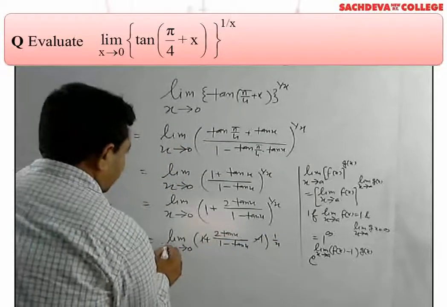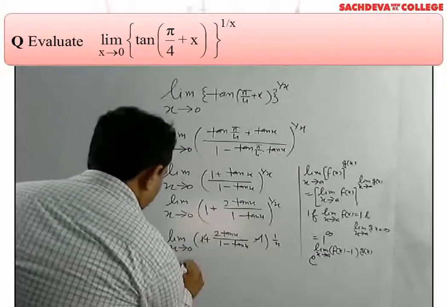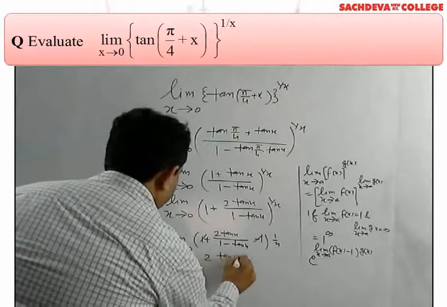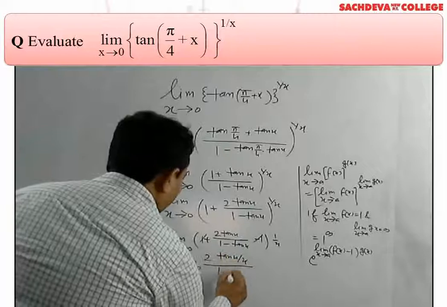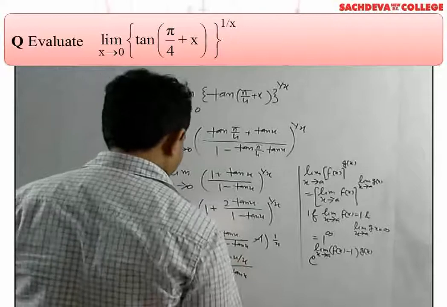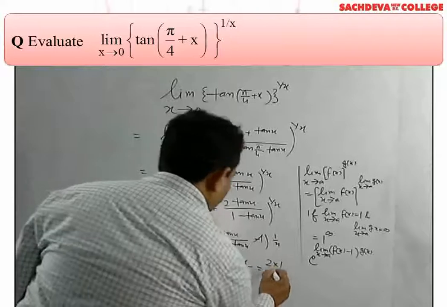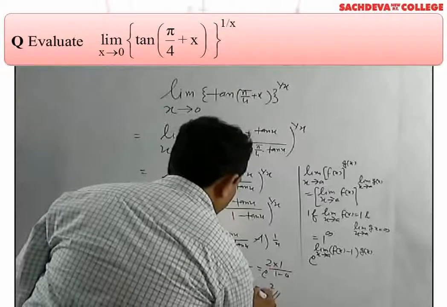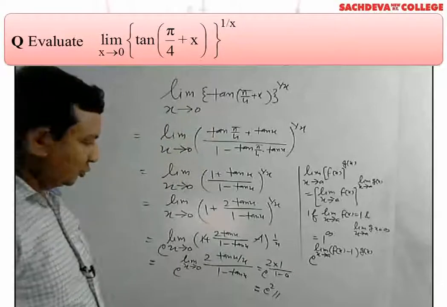So this is e to the power limit x tends to 0, 2 tan x upon x into (1 - tan x), because limit x tends to 0, tan x upon x is 1. So this will be 2 into 1 upon 1 minus 0. Our result is e to the power 2. It means e to the power 2 is the correct answer here.